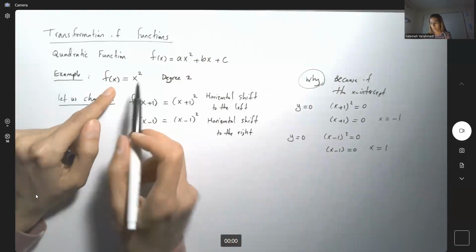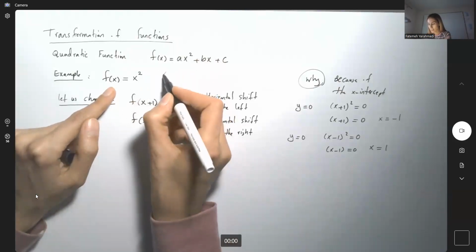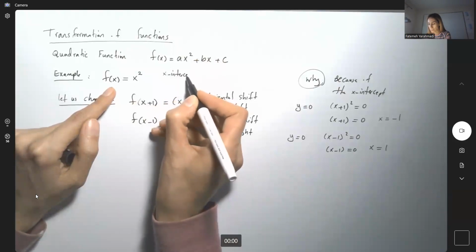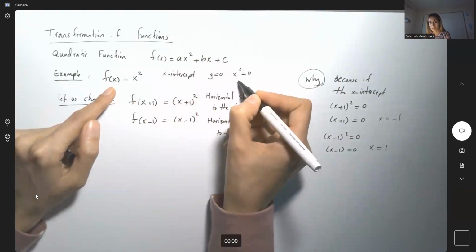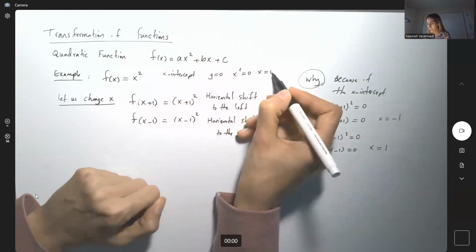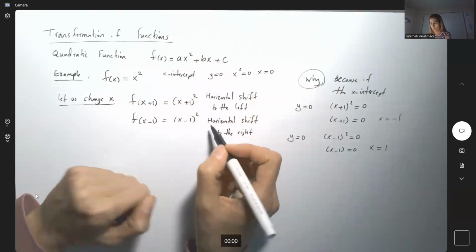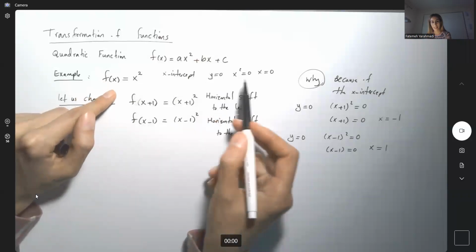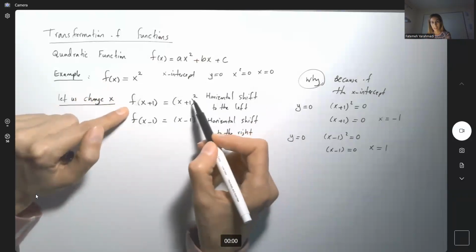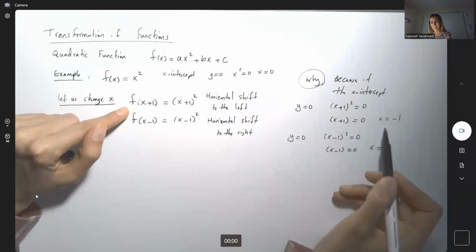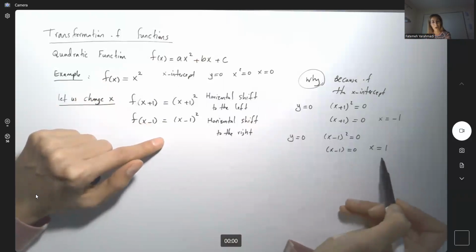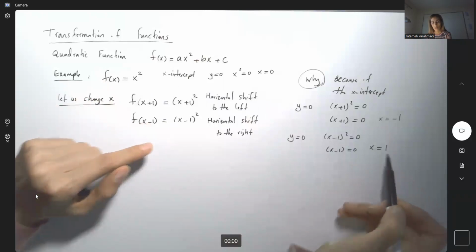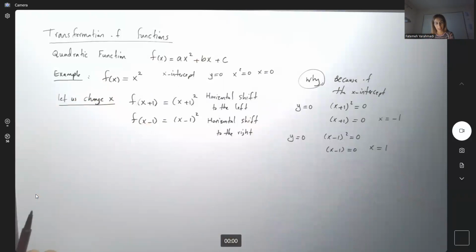For this function, you have your x-intercept at the origin. When y is equal to 0, x squared is 0. It means that x becomes 0. So this function hits the x-axis at the origin. This function hits the x-axis at negative 1, and this function hits the x-axis at positive 1. So we've done the change in x values.